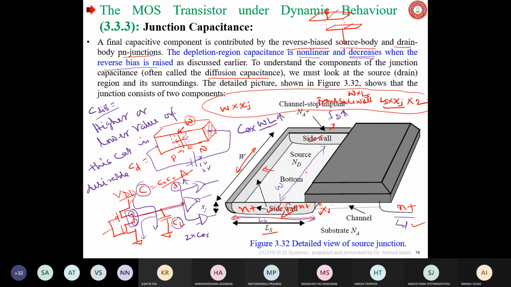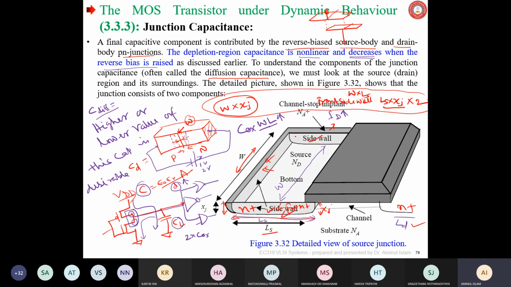Okay. And then you have another side wall, this side wall, left side. So area here is W into XJ. Do you understand this? XJ is the depth. This is the depth of the diffusion region. Could you understand? Yes, sir. So W into XJ is this left side wall area.